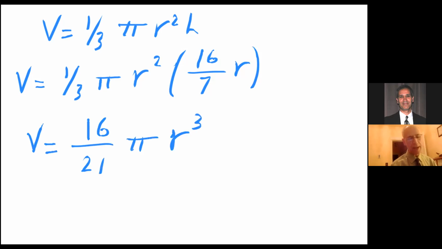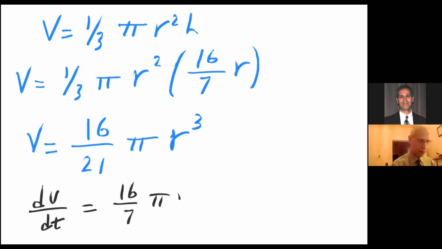Now I'm ready to take the derivative of both sides of this equation. On the left-hand side, I get dV/dt equals, 3 and 21 simplify, so I have 16 over 7 pi R squared dR/dt. Let's go to the next page.